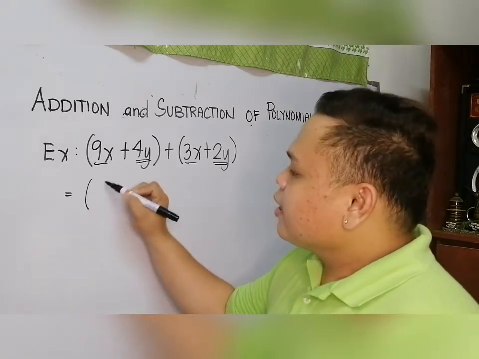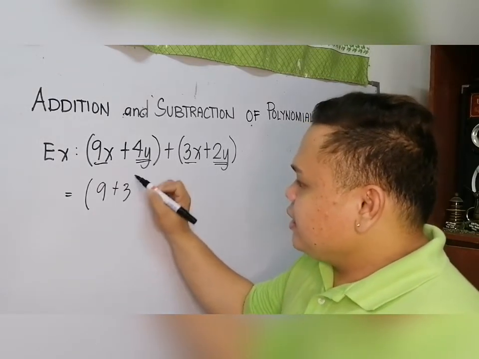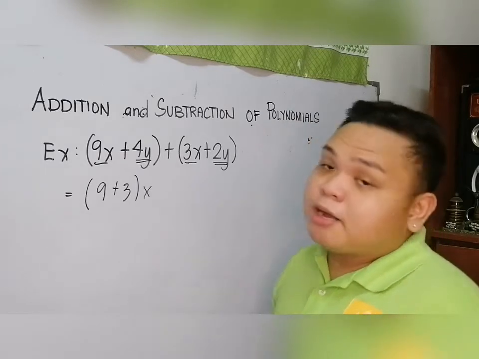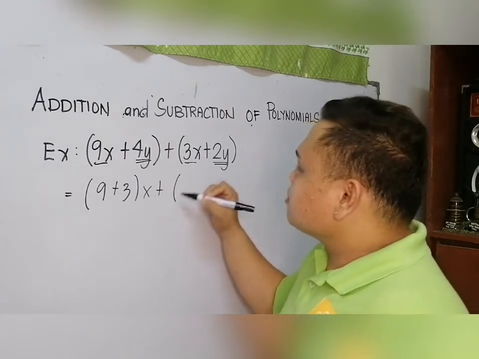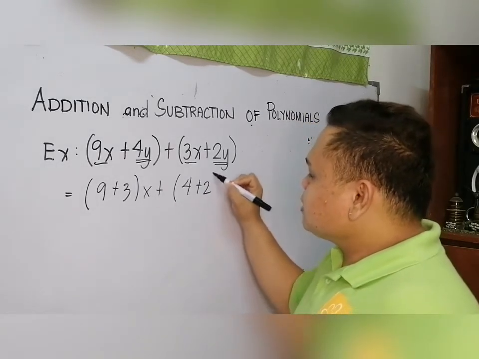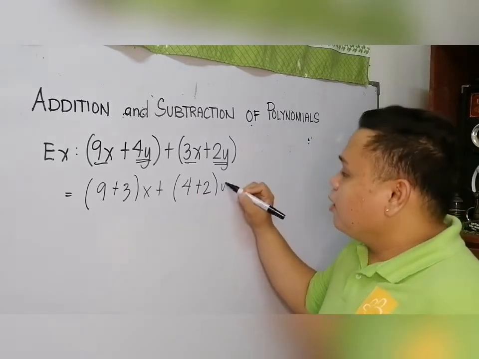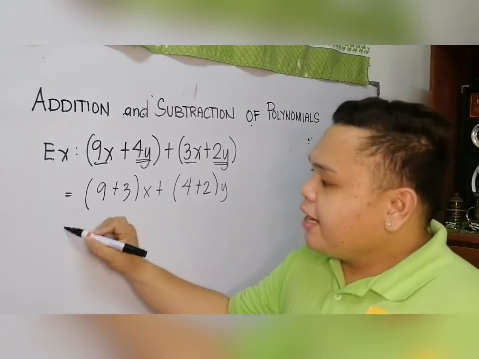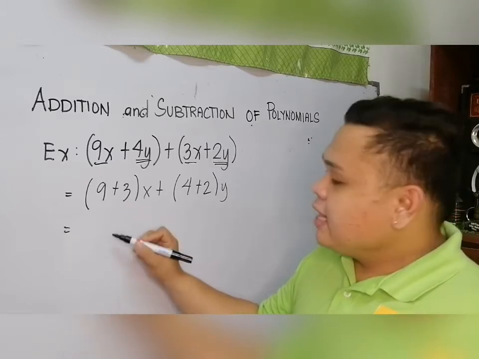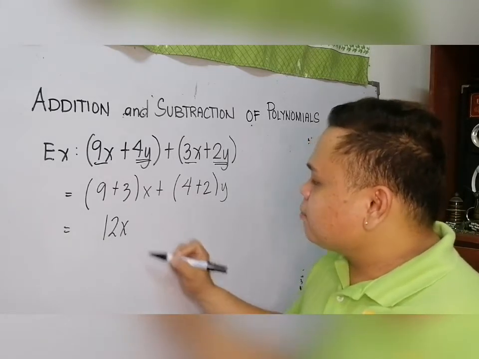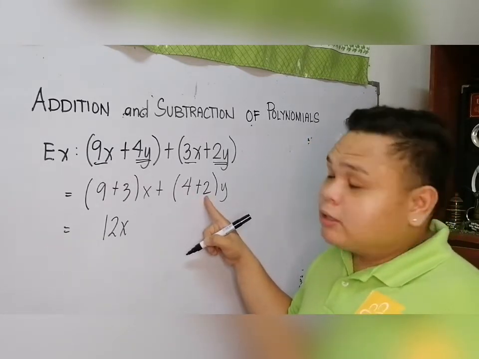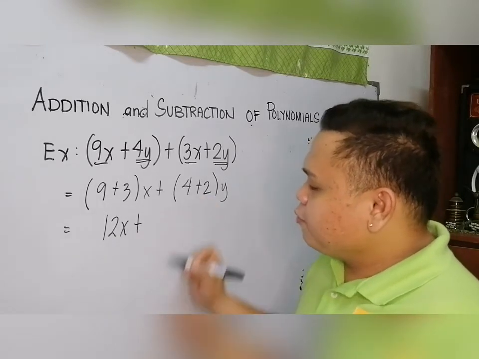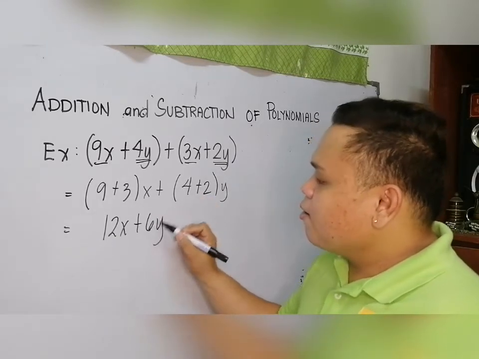So we have 9 plus 3, and then we just simply copy the variable x, plus 4 plus 2, and then we copy the variable y. Simplifying that, 9 plus 3 will be equal to 12x. 4 plus 2 will be equal to positive 6y. You have 12x plus 6y.